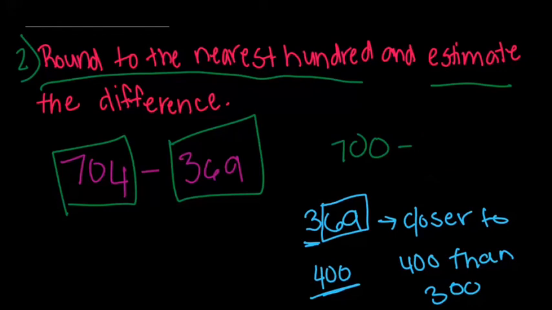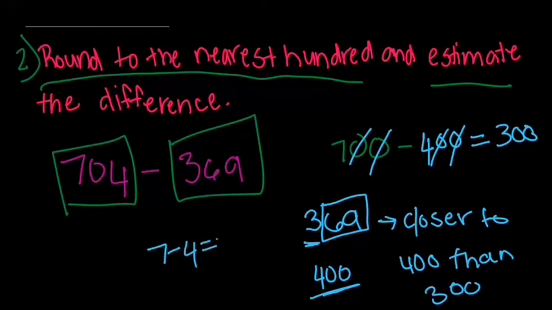So now this would become 700 minus 400. 700 minus 400 is equal to 300. An easier way to do this is you avoid the zeros, you cross them off, and you just subtract 7 minus 4. 7 minus 4 is equal to 3. And then you add back the 2 zeros that we crossed off. So our answer is 300.